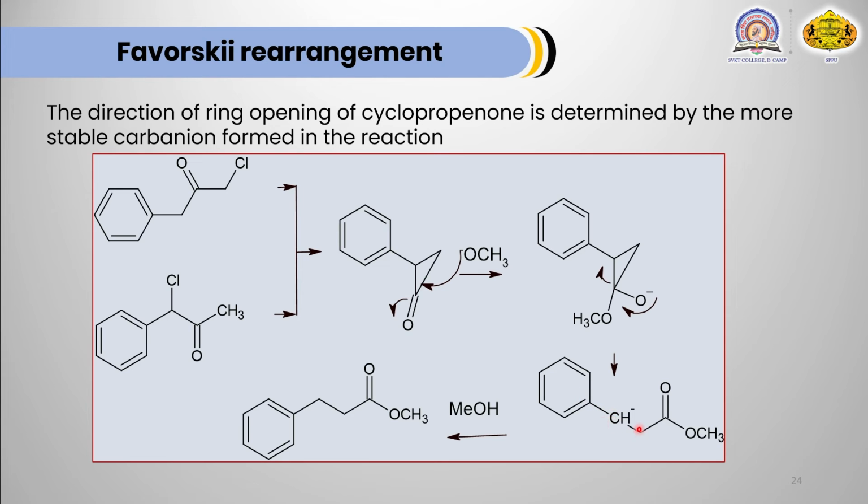That's why this is the stable carbanion. If the carbanion is generated at the other place, it is not stabilized by delocalization in the benzene ring. That's why the carbanion generated here is more stable, and hence the more stable carbanion is generated during Favorskii rearrangement. This carbanion abstracts a proton from methanol and the final product is obtained.